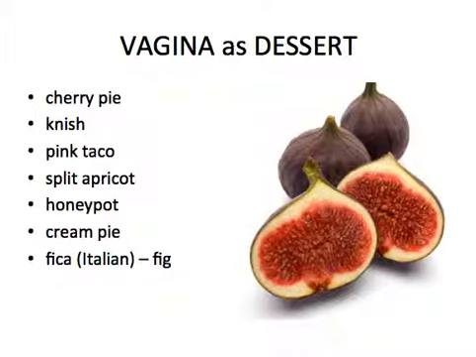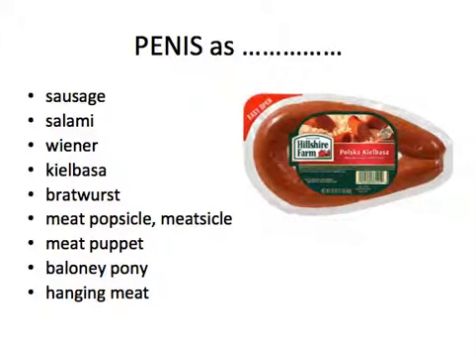like food. And just to finish off, we can also talk about the words that apply to penis. So some stage, in some cultures, these have been applied to the penis. Are sausage, salami, wiener, kielbasa, which is Polish, bratwurst, meat popsicle, meatsicle, meat puppet, bologna pony, hanging meat, and maybe you've got some other terms as well.